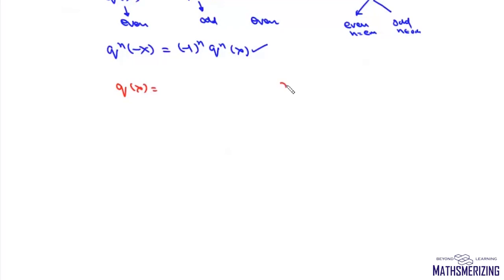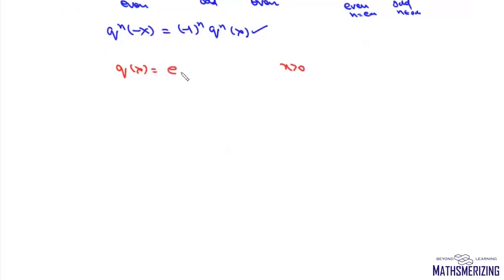Now if we look at this function, which is q(x), when x is greater than 0, it is e to the power -1/x. Now q'(x) will be e to the power -1/x into 1/x squared.